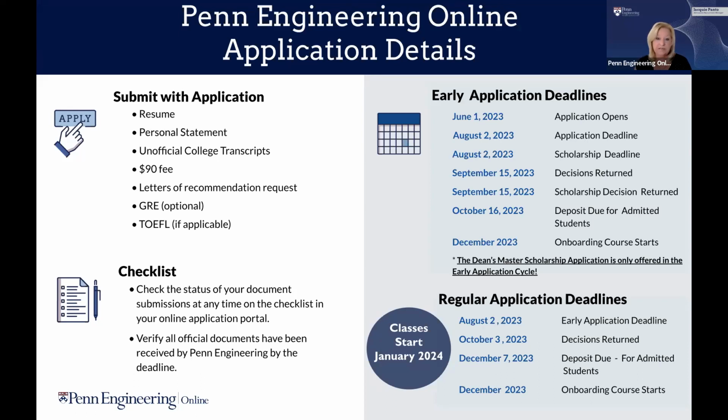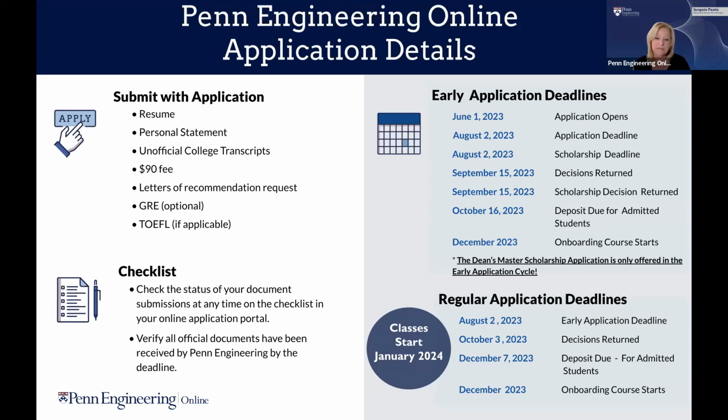That's what's needed to submit the application. For your letters of recommendation, you're going to supply the contact information for your recommenders. We'll send out an automatic email telling them what they need and how to upload the recommendations. But everything is due by the deadline. So all of the recommendations would be due by the application deadline. So all of that is needed to apply.